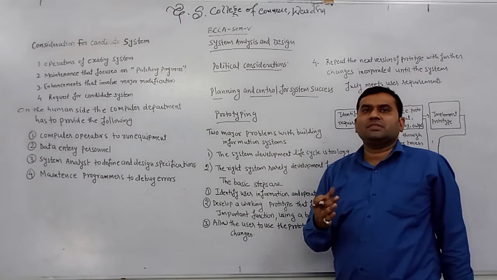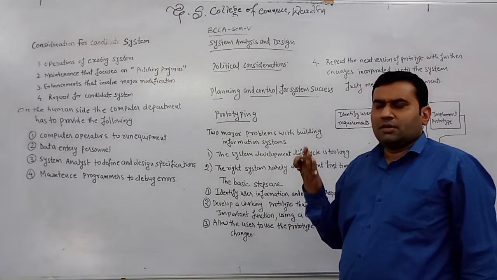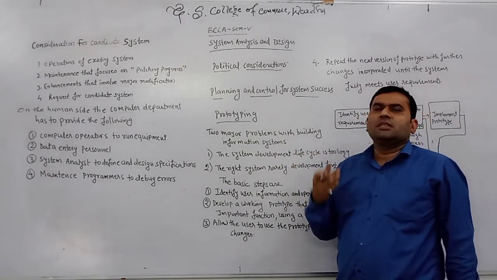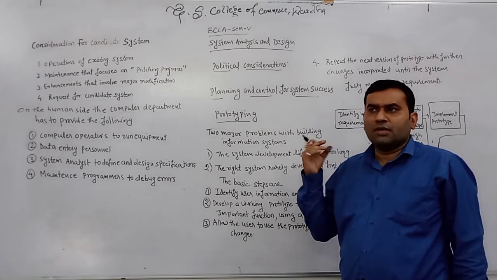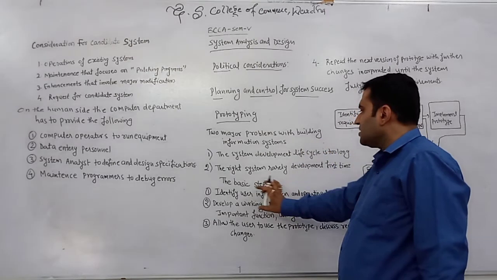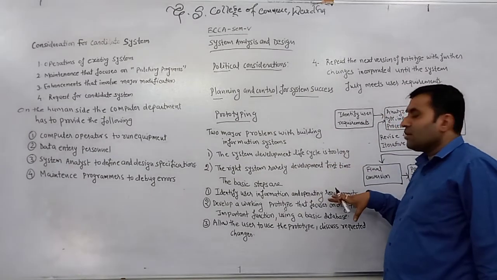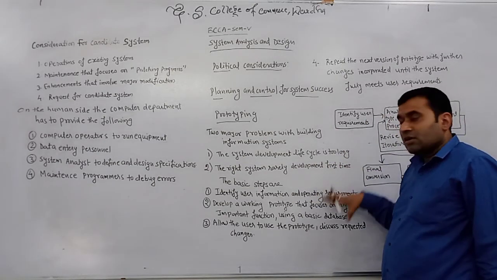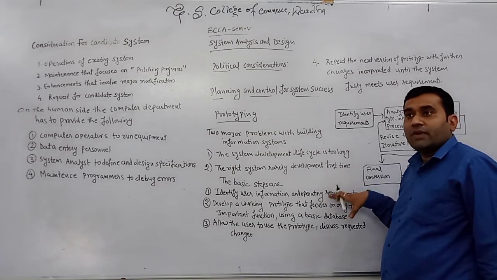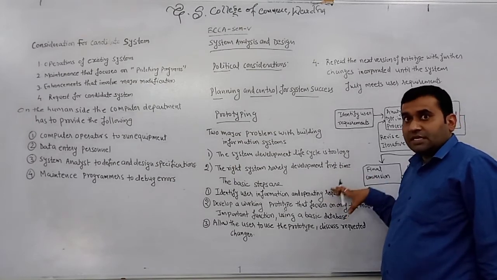In the software development life cycle, it is the longest process, with maintenance taken at the end. But in prototyping, firstly identify the user information and work on the requirements: which types of requirements are necessary for the user.